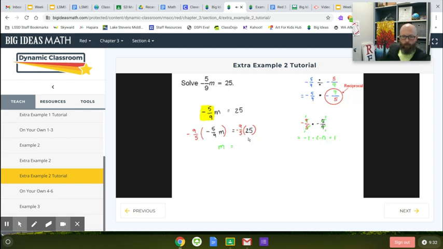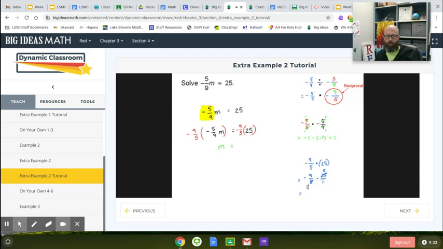Now we can simplify the right side of the equation. Negative 9/5 times 25. This can be written as negative 9 over 5 times 25 over 1. Now we can simplify. 25 divided by 5 will give us 5 and 1.